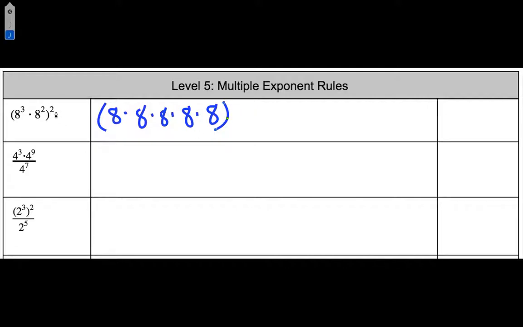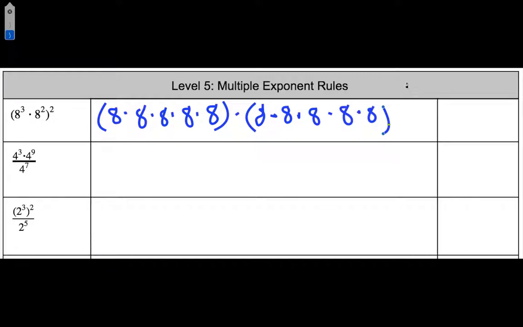Now this squared means I'm doing all of that twice. So I'm going to multiply. I'm going to do the exact same thing. So 8 to the third, that's 1, 2. Why is this so hard? There we go. 3 times 8 squared is 2 more 8s. 1, 2.